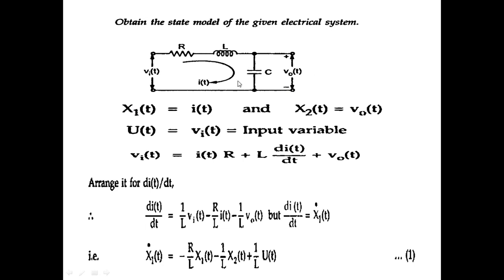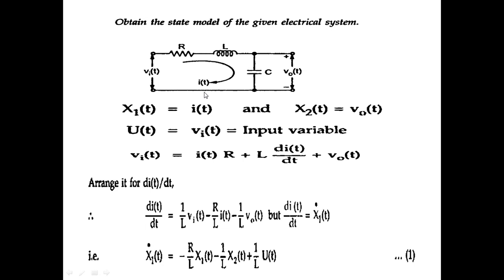The first variable, x1 of t, is the current flowing through the inductor, x1 of t equals I of t, and x2 of t is the voltage across the capacitor. Across this capacitor we are measuring the output, so x2 of t is V naught of t. And the input, according to the state model equation, is u of t, which equals Vi of t. This is the input variable.